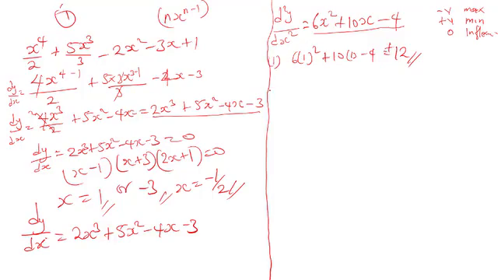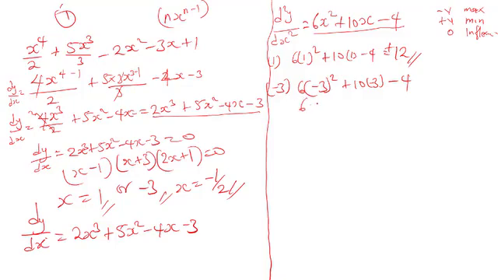Now let's substitute −3 into our equation. We now have 6 times −3 raised to power 2, plus 10 times the value of x, remember we are using x as −3 at this point, so we replace x with −3, then minus 4. So −3 raised to power 2 is 9.